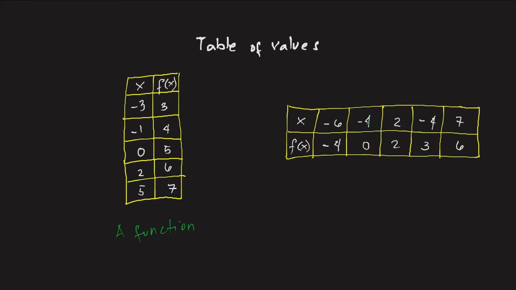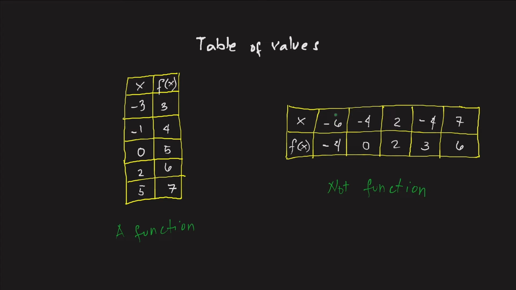Now, since negative 4 appears twice in the domain, we look at their corresponding elements in the range. We see the first negative 4 is mapped to 0, and the second negative 4 is mapped to 3. Now, if that is the case, then this tells us that this table or this relation is not a function.